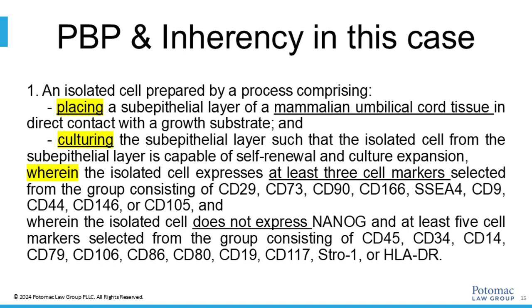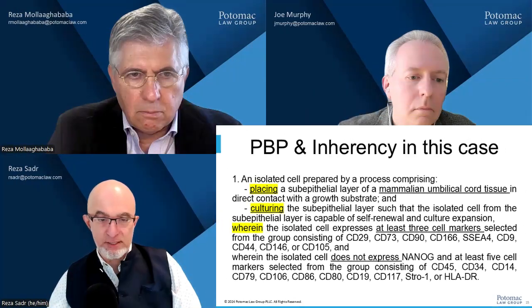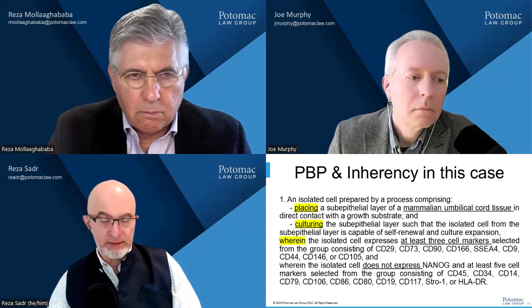There are additional features that require additional steps, which the patentee actually discussed in the specification, how to further provide those features. And that was why the challenger failed and the patent was upheld as patentable.